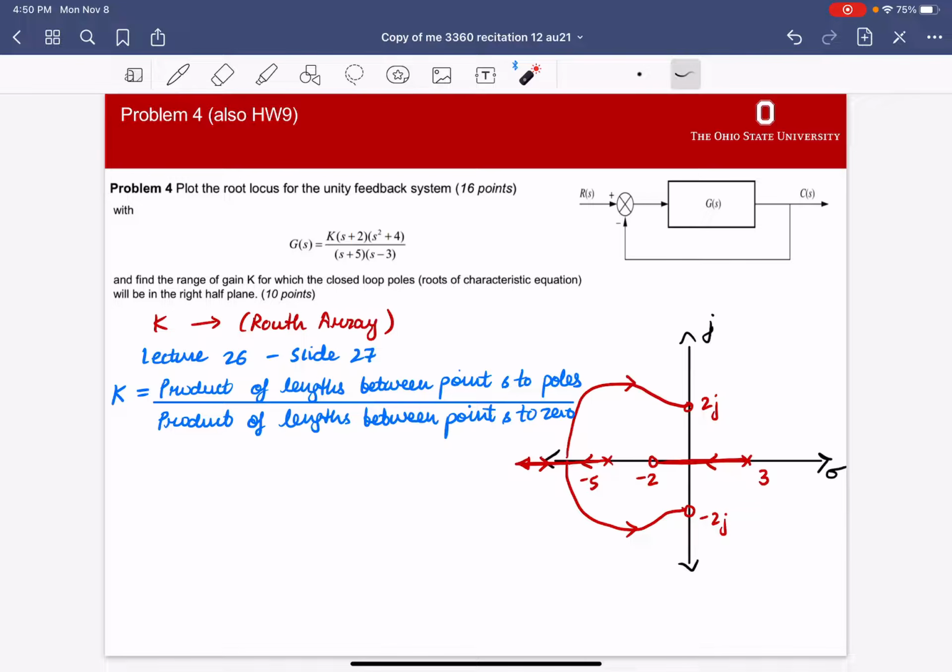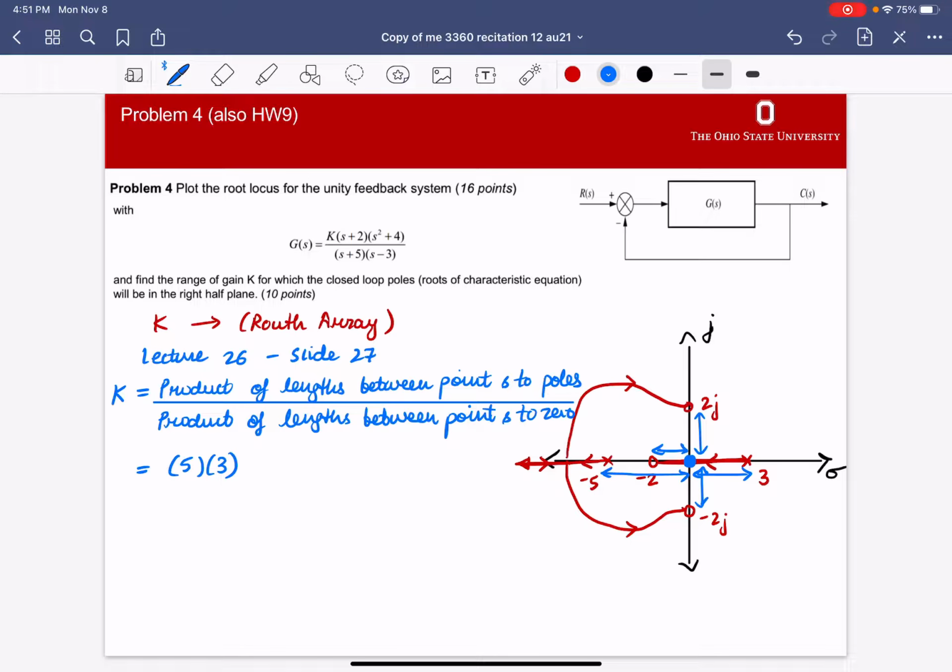So if you're looking at this point over here, we are looking at these lengths, right? And since it's the origin, all of the lengths work out very nicely. In the numerator we have nothing but 5 times 3, since one pole is at a distance of 3, another pole is at a distance of 5.